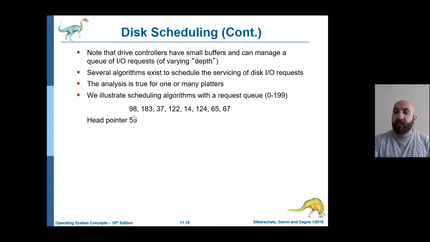That means we can consider them as locations. We can move between 0 and 199, and based on that, we have some requests to service. Also, we're assuming that we have a head pointer pointing at some location. In our examples, the initial location will be 53, and starting from that location, we are going to find a sequence to service all these requests.